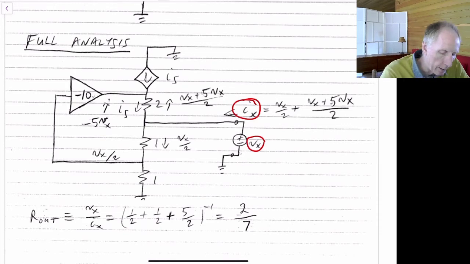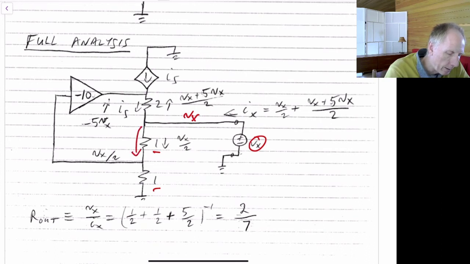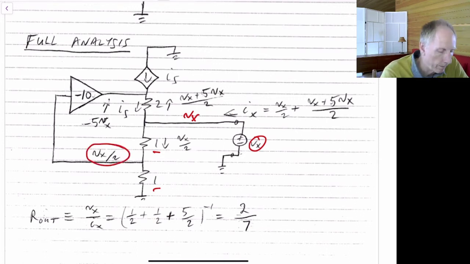What we notice is that if we apply a voltage Vx, then this node is Vx here. These are both 1 ohms. So we know that this will be a voltage divider from here to here. So we'll just have that the voltage at this node will be Vx over 2.